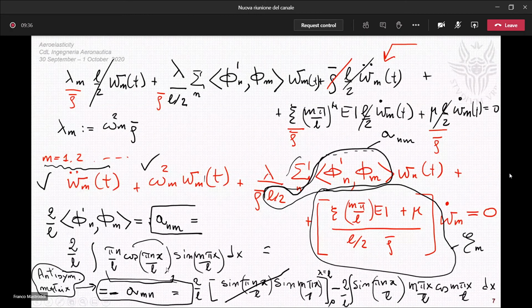In fact, the element A_mn is equal to minus A_nm. So this set of coefficients coupling our equation is a coefficient as element of a skew-symmetric matrix or anti-symmetric matrix.